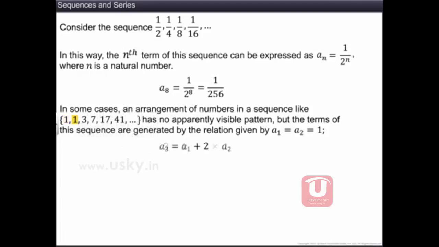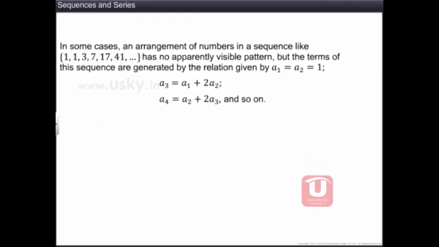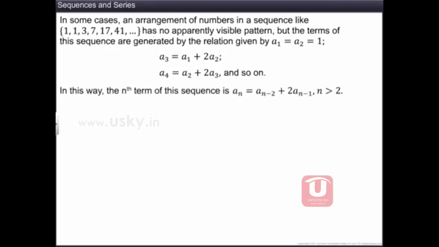The fourth term can be obtained by adding the second term and 2 times the third term. In this way, we can obtain the nth term of this sequence by adding the (n-2)th term and 2 times the (n-1)th term for n greater than 2.